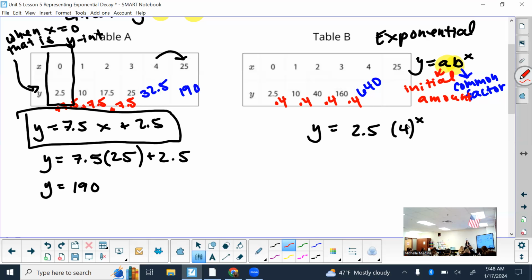Now, if I wanted to find my output, what do I have to plug in for the x? The input, which this time we're trying to figure out when x is 25. And that's really all you can put in for this right now. I'll show you what it looks like in the calculator, but it's too big of a number to fit in that table.